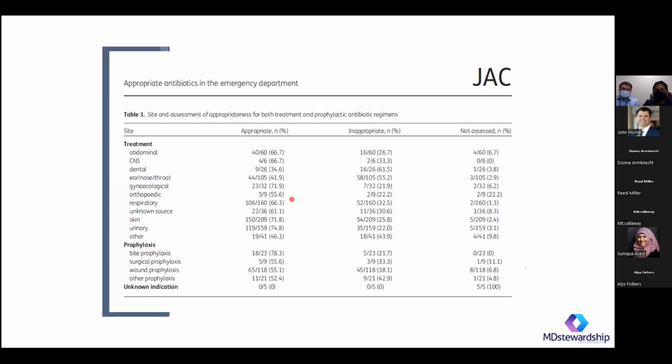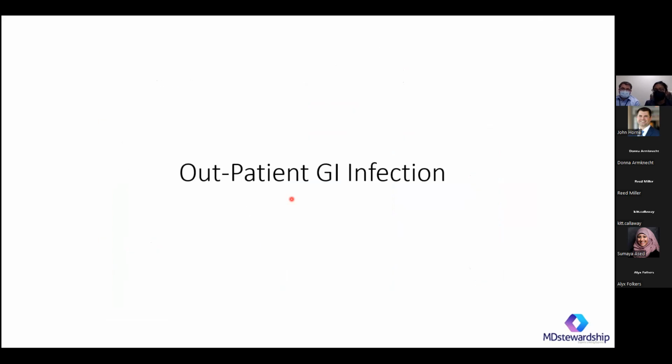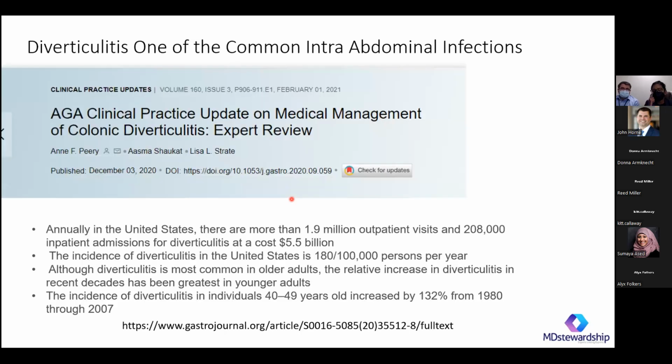more topics. So the first topic we want to touch base on is GI infection, because I know somebody emailed and asked about diverticulitis. We see a lot of diverticulitis in our primary care setting for patients coming in, and we're prescribing a lot of antimicrobials. And when we see diverticulitis in the hospital, it's when it's bad, right? Yeah. When they get admitted to the hospital, it's not going so well.